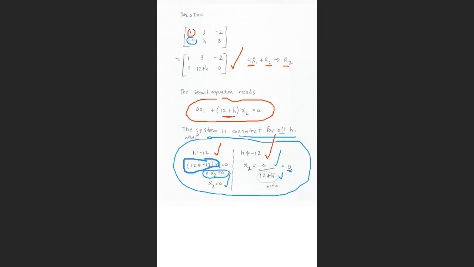Oh, well, all I'm doing is, when h equals -12, the coefficient in front of x2 is 12 plus h. So I'm just replacing the h here with -12. You see? And that would get me a 0. Then 12 and -12 make 0. This is a plus sign. Yes, this is a plus sign. Okay, good. That's right. That's correct.